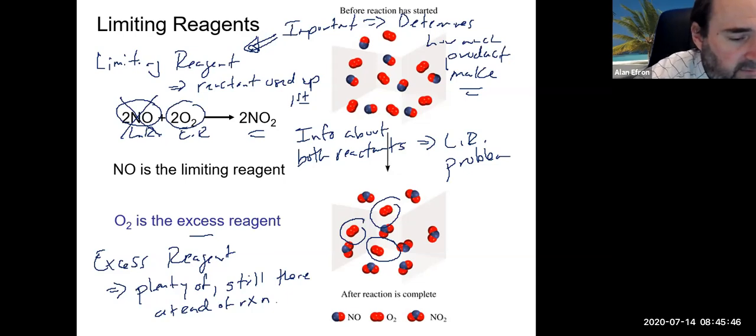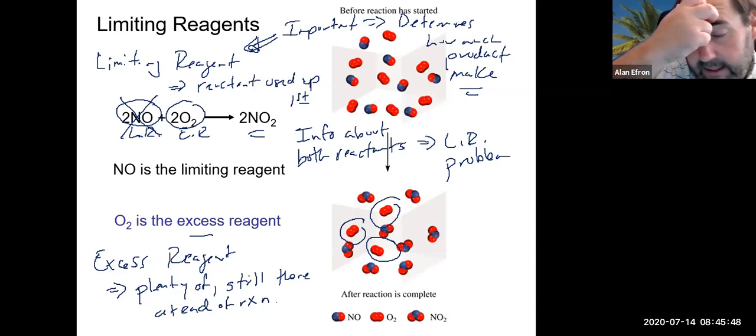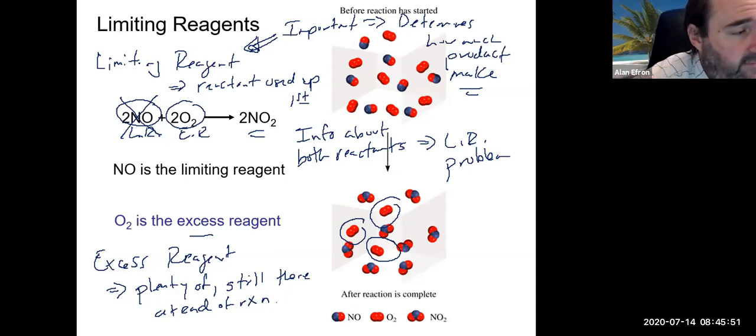And when I talk about information about both reactants, technically speaking, you have enough information to get to moles. So whatever they give you about each of those reactants, you have some way that you could do a calculation to get yourself the moles of each of those guys. And that definitely is how you know it is a limiting reagent type problem.